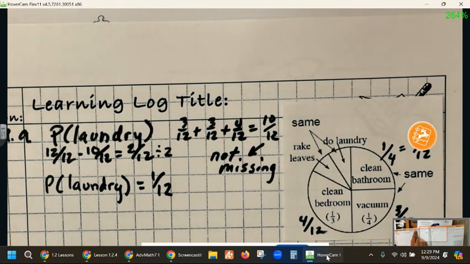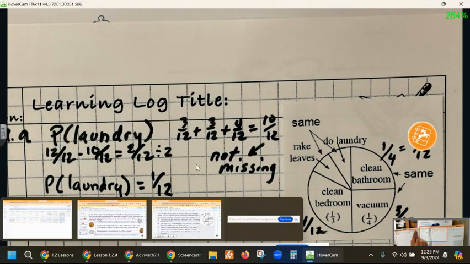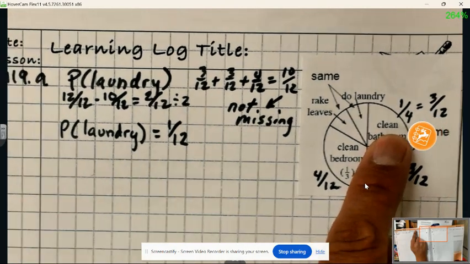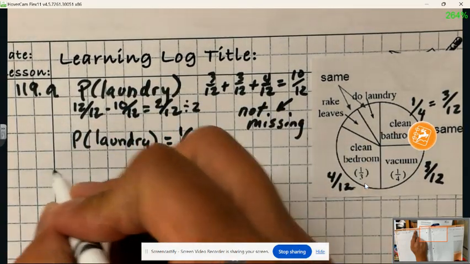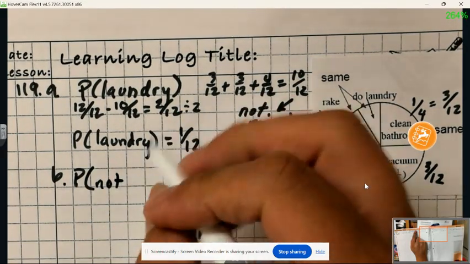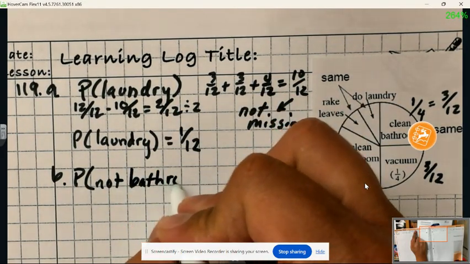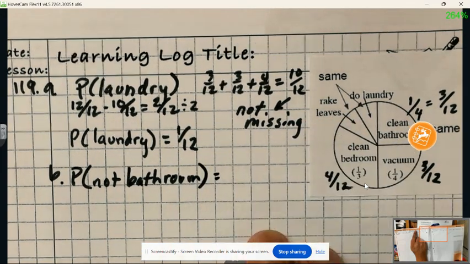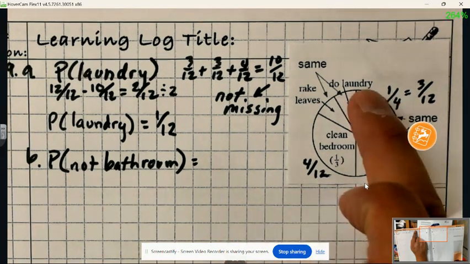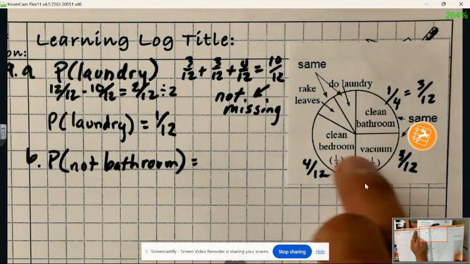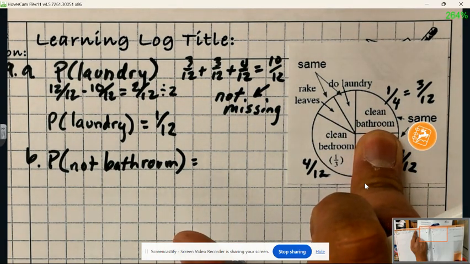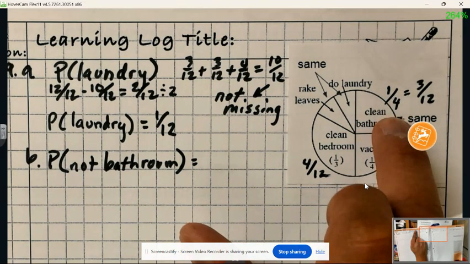So our next question is, he doesn't like to clean the bathroom, so he wants to figure out his probability of not cleaning the bathroom. And this is question B. What is the probability of not cleaning the bathroom? Okay, and again, we're going to find out what all of this is and take it away from the whole, because cleaning the bathroom, that probability is 1/4.